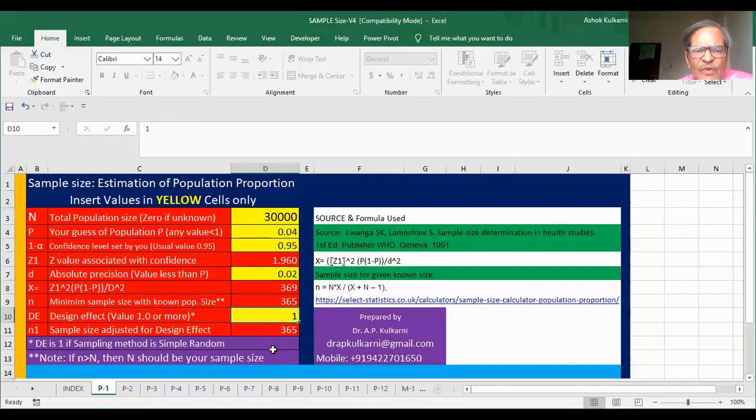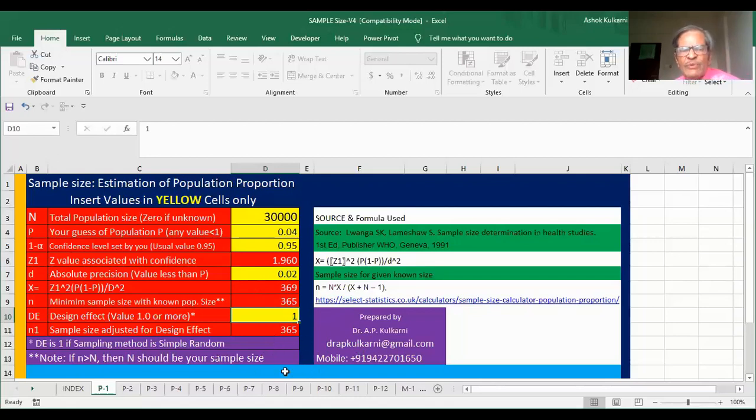So 365 is the sample size required in that primary health center which has a population of 30,000, where the prevalence of the entity you are surveying is say 4%, with 95% confidence and with 2% absolute precision.